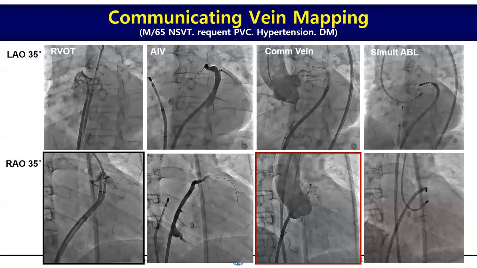I told you the differentiation between AIV and septal communicating vein can be done in RAO view, and on the aortogram the microcatheter position appears to be a communicating vein as it is located just anterior and superior to the aortic root and posterior to the pulmonary artery. So in this patient, simultaneous unipolar ablation was performed inside the great cardiac vein and ostium of the communicating vein and the endocardial side by a transaortic approach.